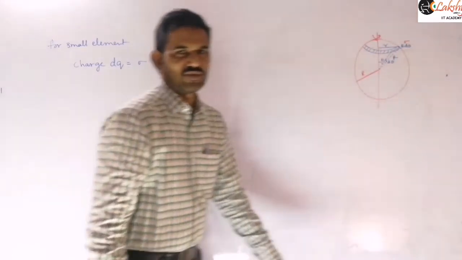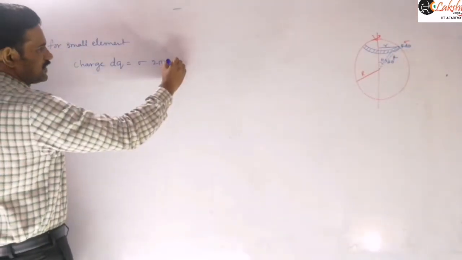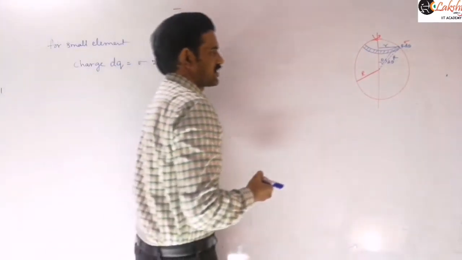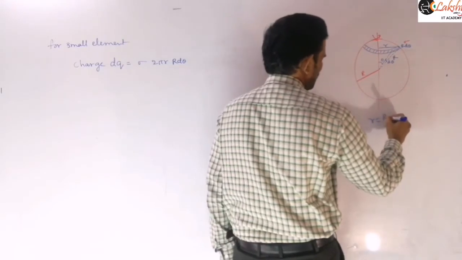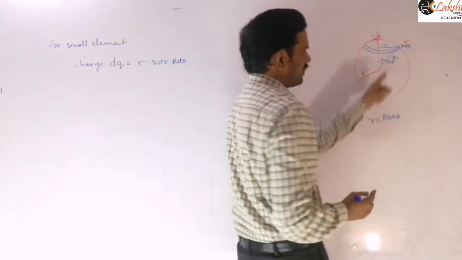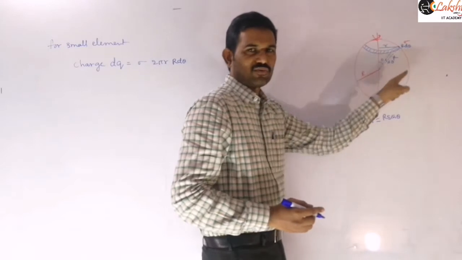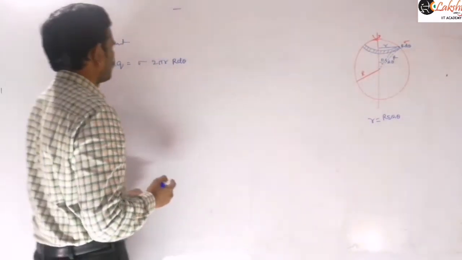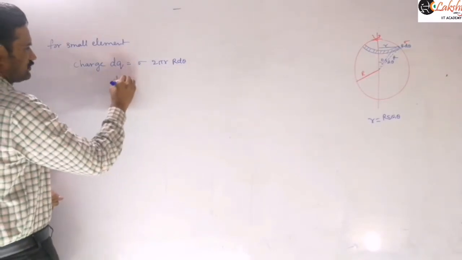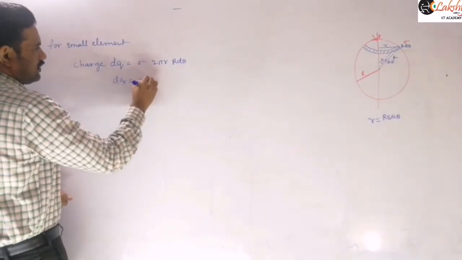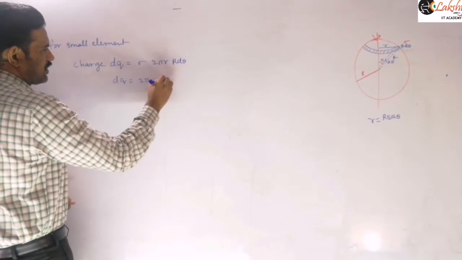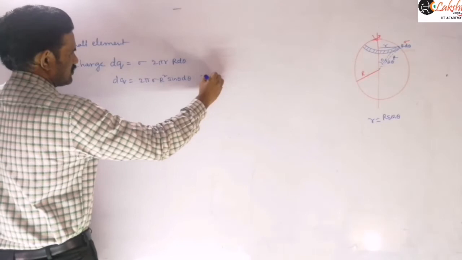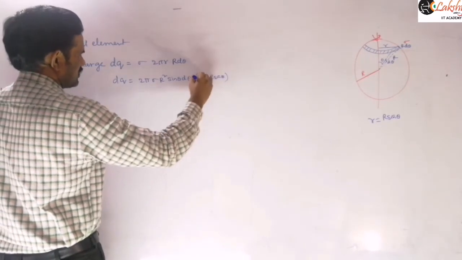And this small r you can write as r sin theta, by using this right angle triangle. So small r is equal to r sin theta. Let us substitute that. Then you will get 2 pi into sigma into r square sin theta d theta.